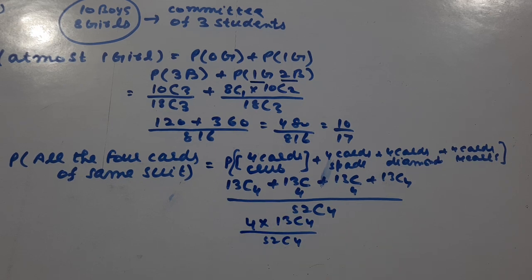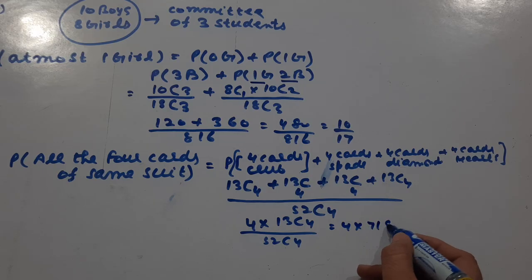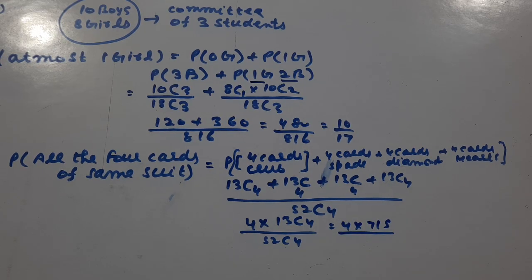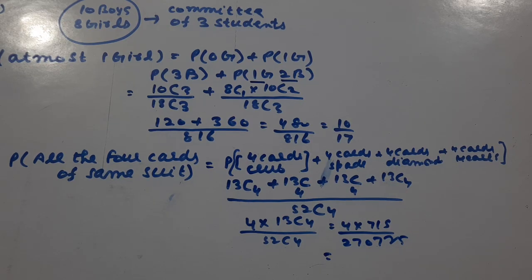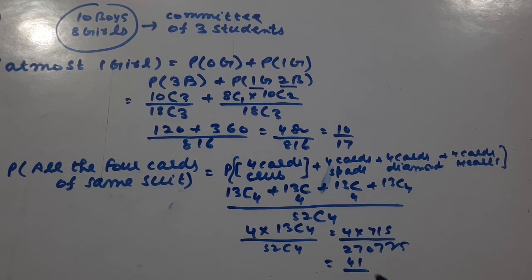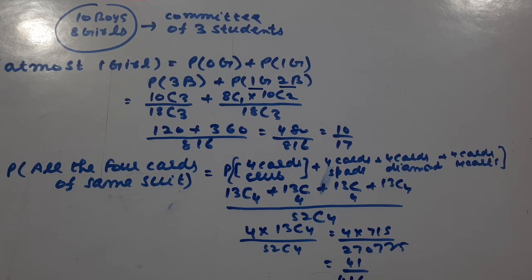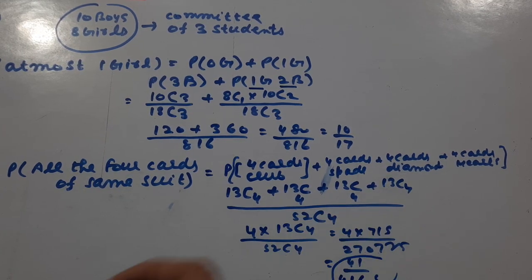So we get 4, and 13C4 is 715, and 52C4 is 270725, right? Now on solving it, we get 41 upon 4165. So students, this is the required answer.